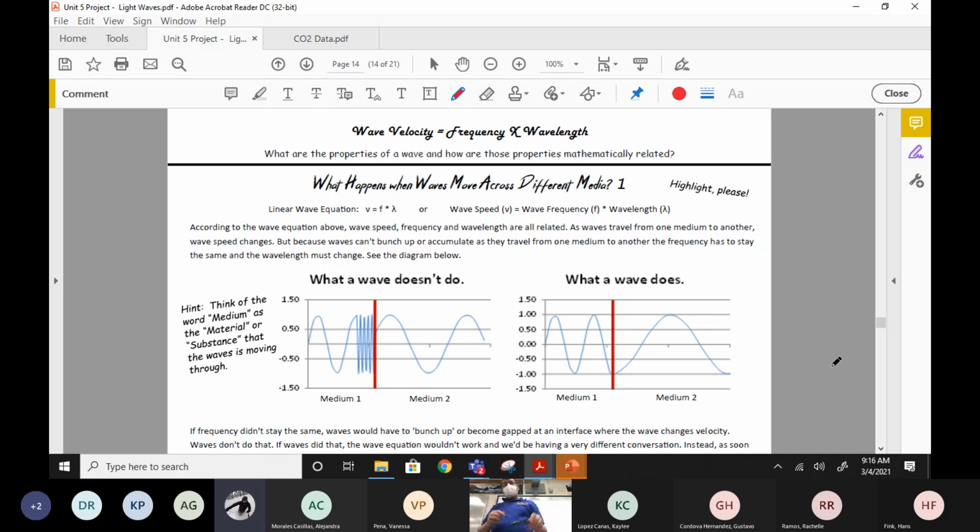And what we're going to do is talk about light, or any wave, it could be sound also, when it goes from one material to another material. And we call that the medium. So the material that the wave is moving through is called the medium. So when light goes through air, air is the medium.